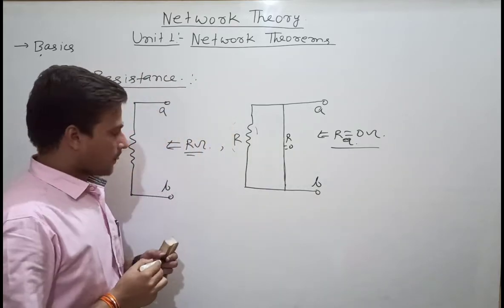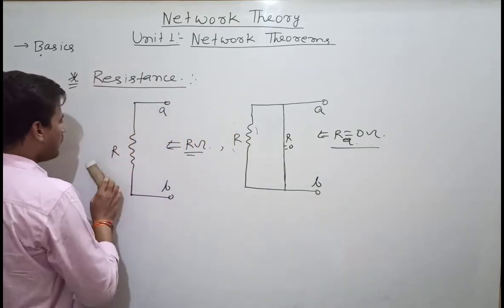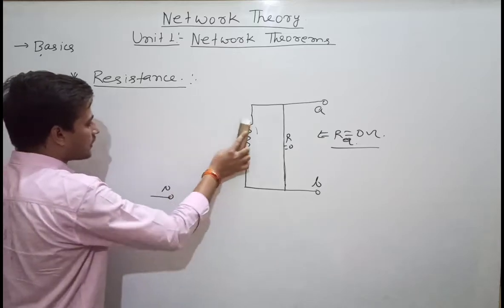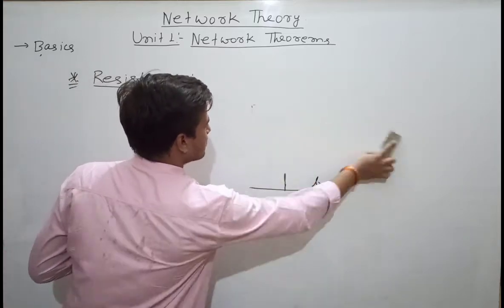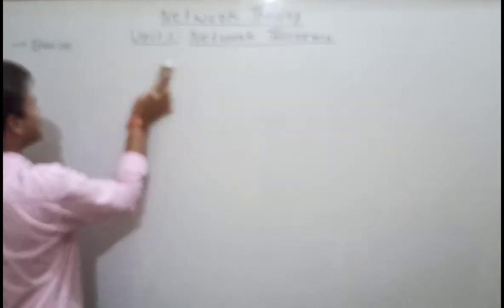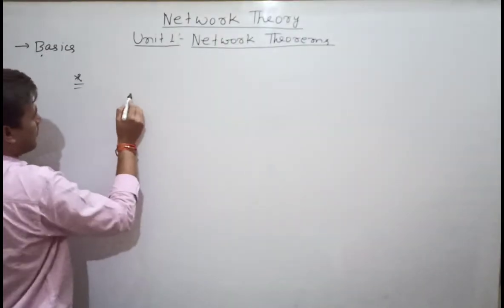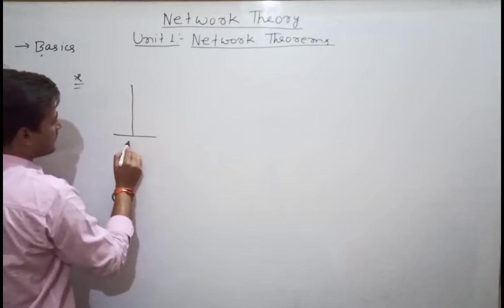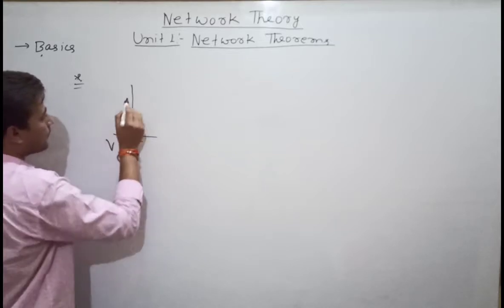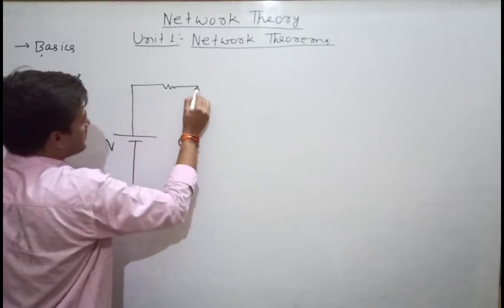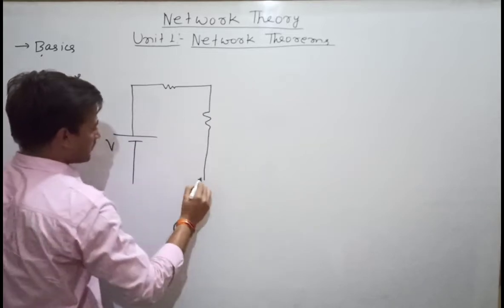Clear? Next, now we are having a voltage source with resistance. See, this is the voltage source V. This is resistance R1 and here it is resistance R2.